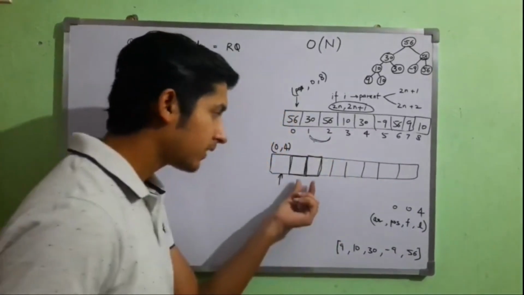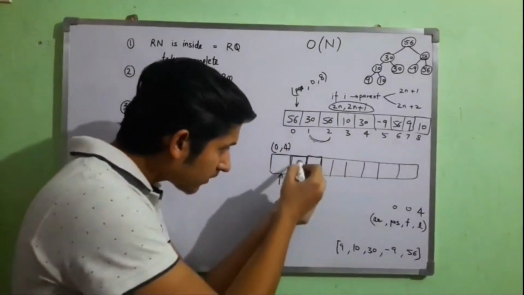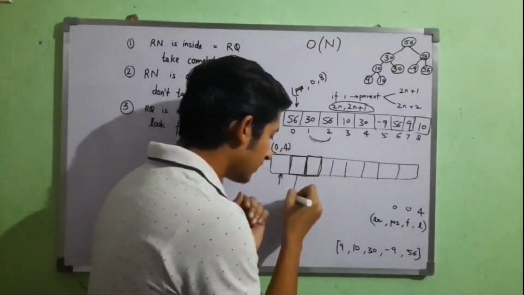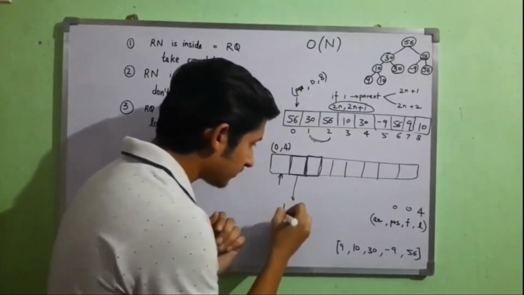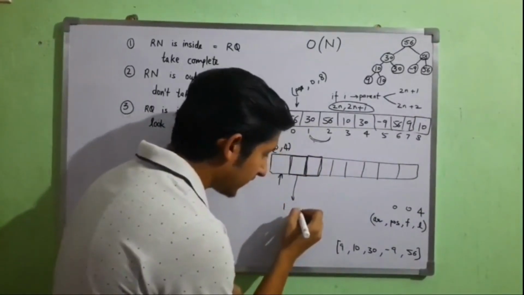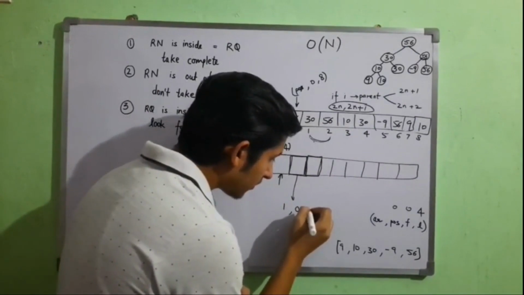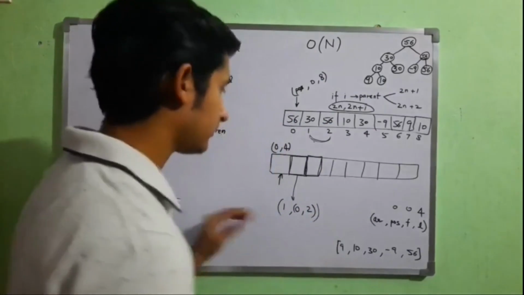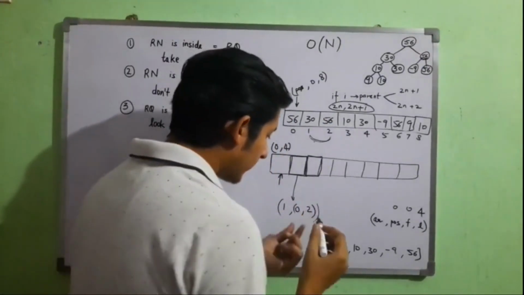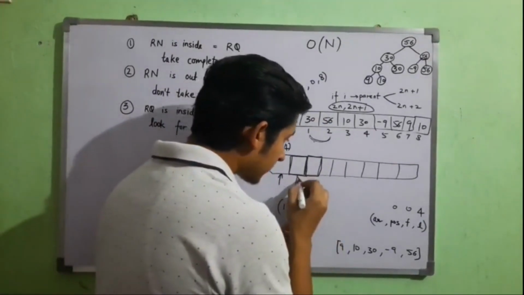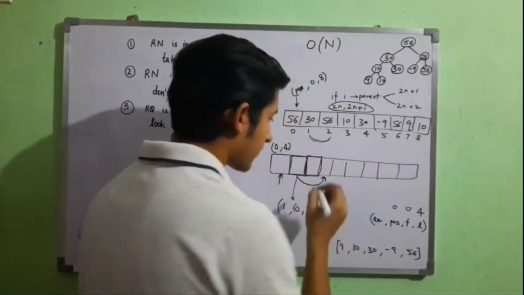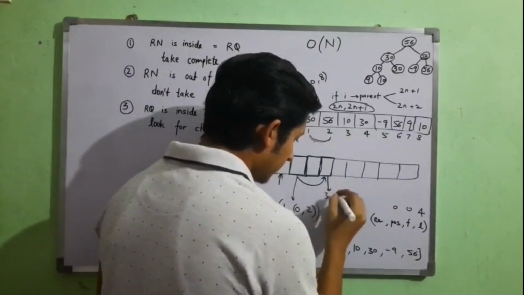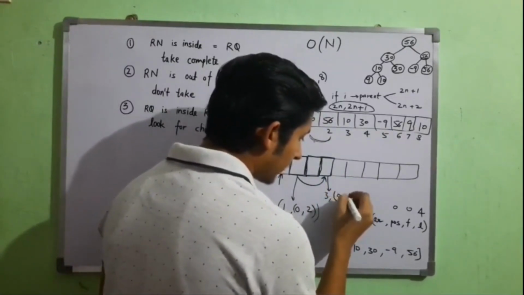So I will firstly fill the children of this node. So for the first child that has index 1 and range 0 to 2. So it will again look for its first child, the index 3 and range 0 to 1.